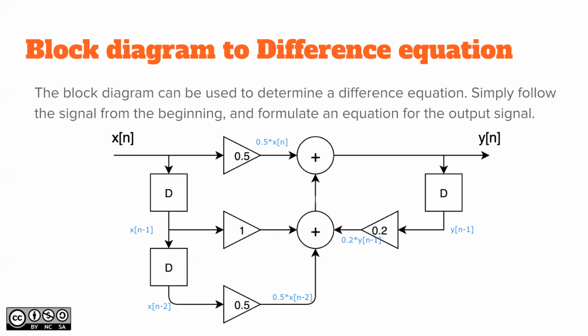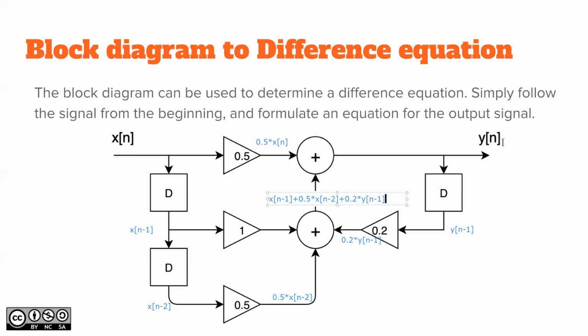At this point, we have x of n, plus 0.5 times x of n minus 2, plus 0.2 times y of n minus 1.